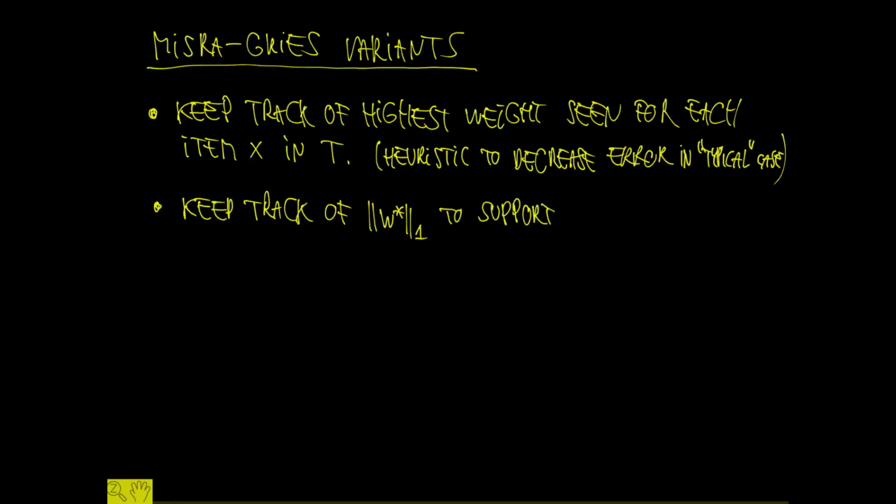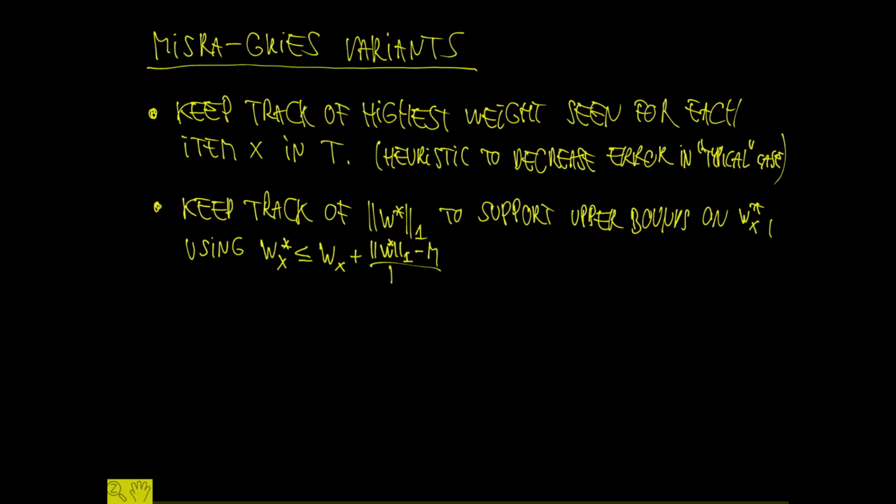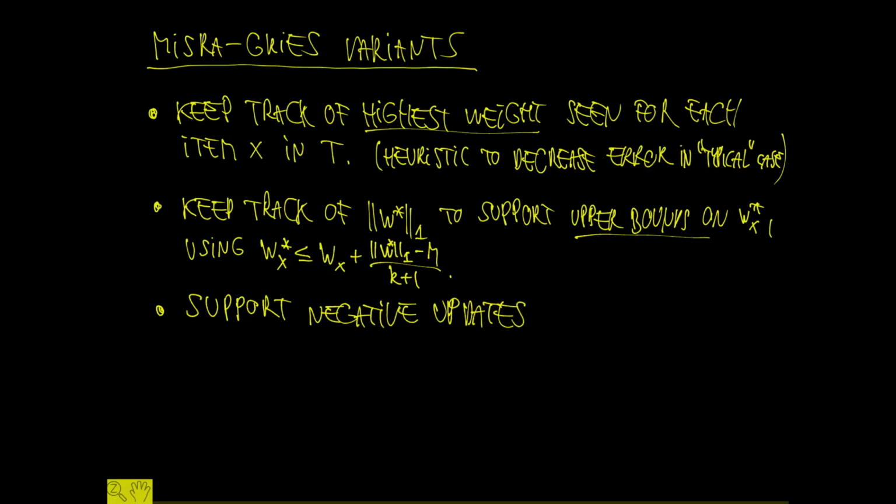You can also keep track of the L1 norm of the true count vector to support upper bounds on the true weights, using the formula that the true weight is at most the stored weight plus the L1 norm minus m over k plus 1. So in this way we are going to have both lower and upper bounds explicitly stored.